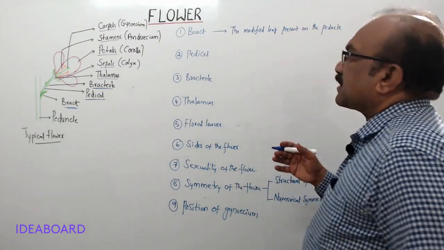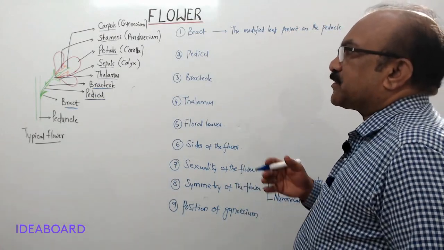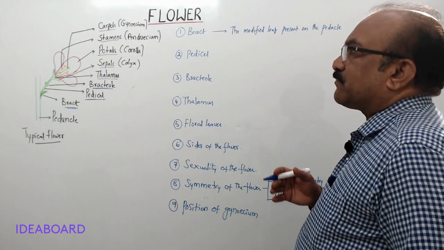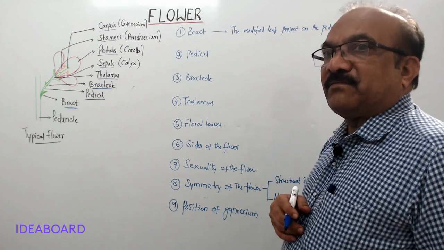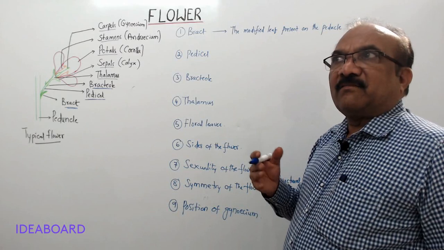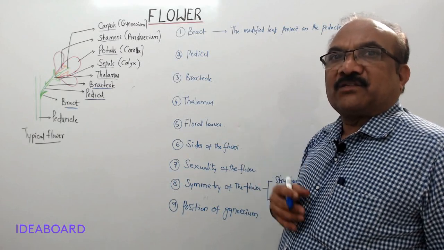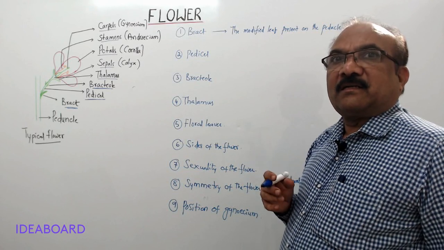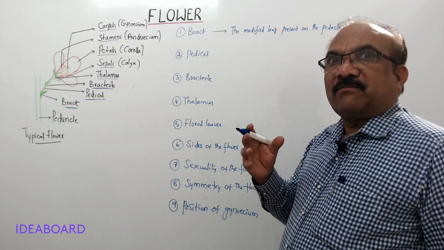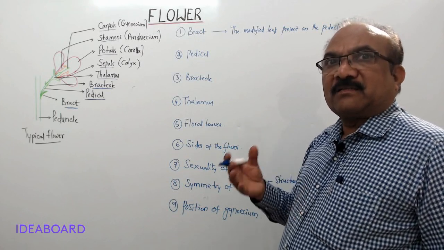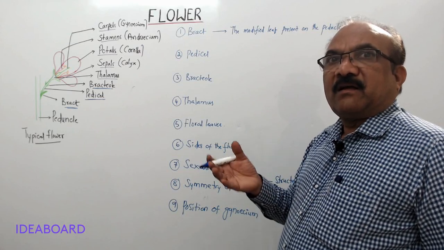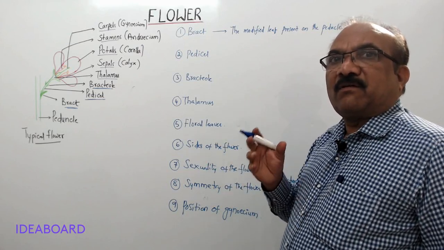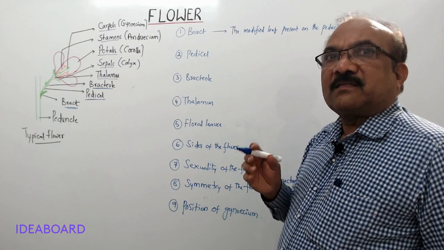But remember, this bract is absent when the flower develops in the axil of the leaf, or when the flower develops at the tip of the branch. And we already discussed that when single flowers develop in the axil of the leaf or at the tip of the branch, we call such flowers as what?